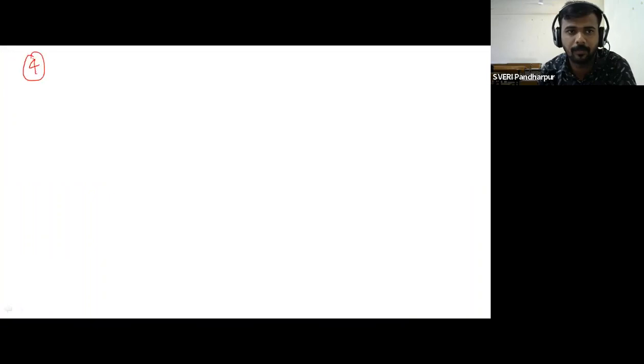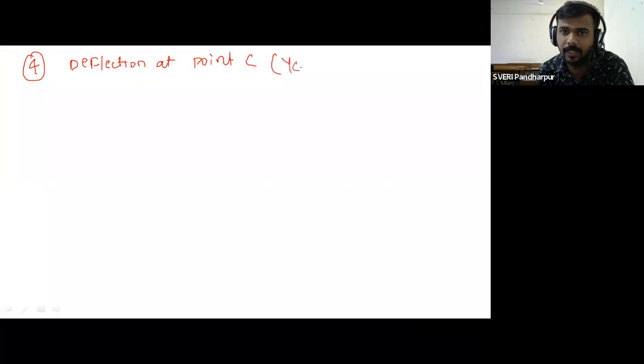So fourth one, deflection at point C, that is YC. So YC is equal to A x bar upon EI.